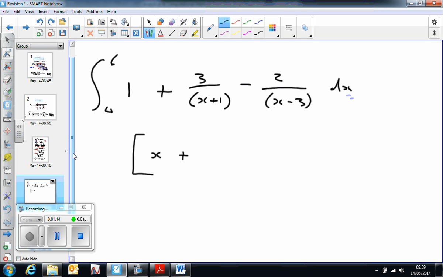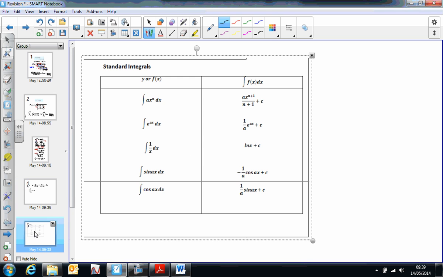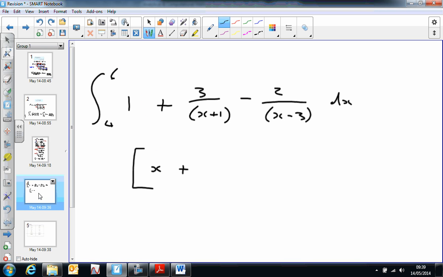plus. Now if we look at our table of standard integrals again, here 1 over x is log x plus c. So thinking about this, it's like 3 times 1 over x. I think of this 3 over x plus 1, we talked about this before, can be thought of as 3 times 1 over x plus 1.